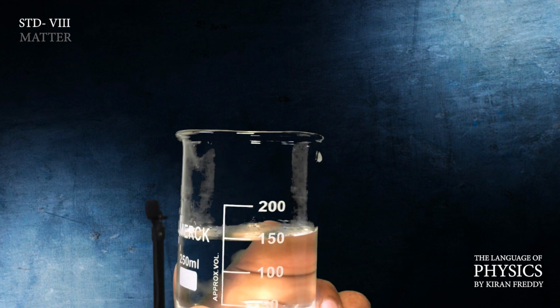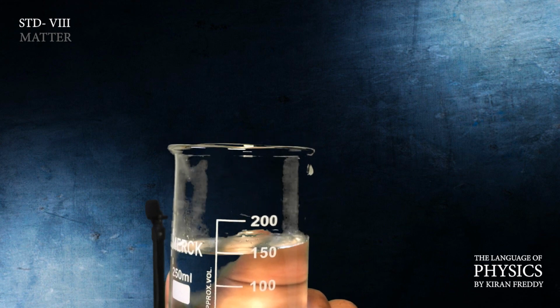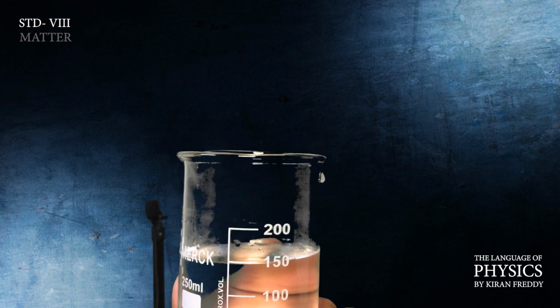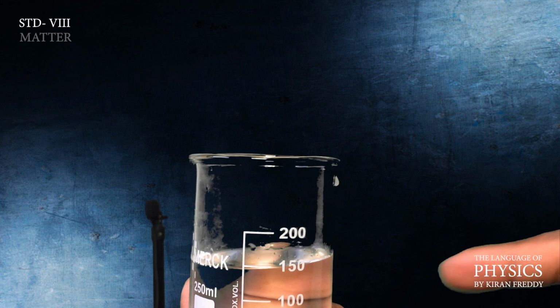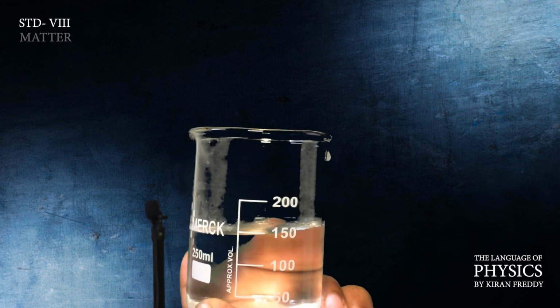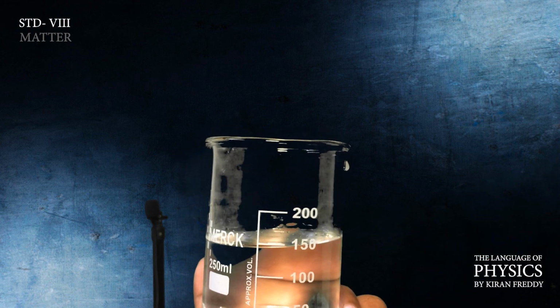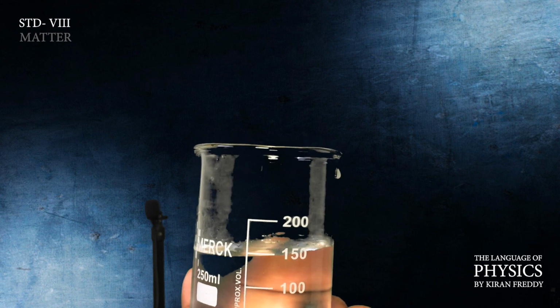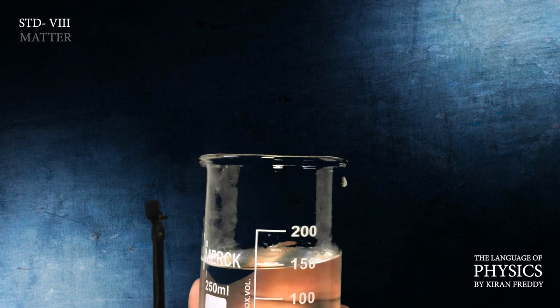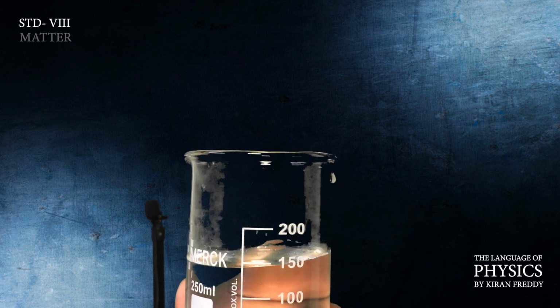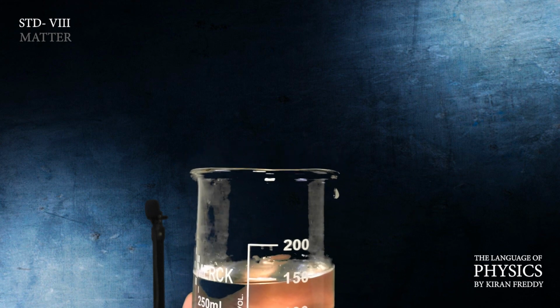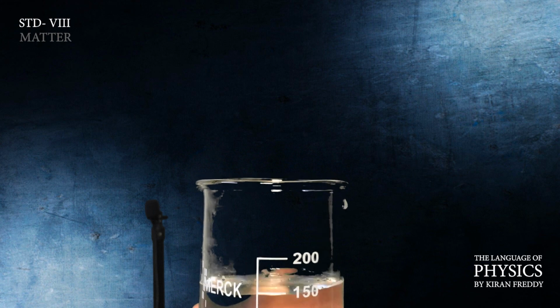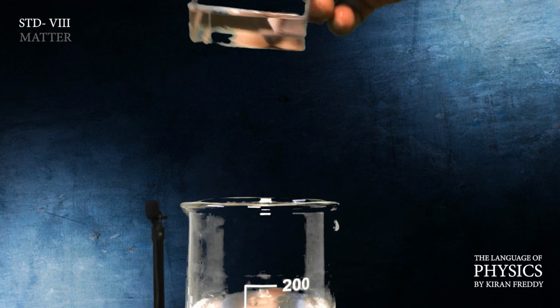That means the matter contained in this vessel is liquid, that is water, and it occupies the space shown in this picture. If we place any other matter in this container, it also needs space to occupy, and usually the level of water will rise. You can understand that from this simple experiment. This is a glass block.